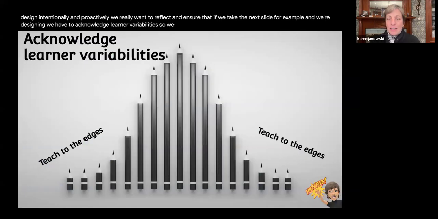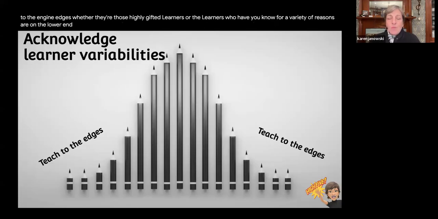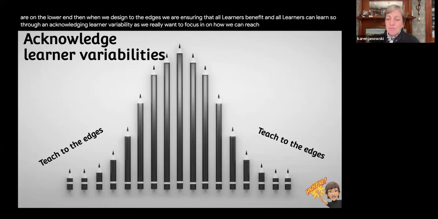So we tend to teach to the middle, but when we are teaching to the edges, whether they're those highly gifted learners or the learners who, for a variety of reasons, are on the lower end, then when we design to the edges, we are ensuring that all learners benefit and all learners can learn. So through acknowledging learner variabilities, we really want to focus in on how we can reach all. Absolutely.